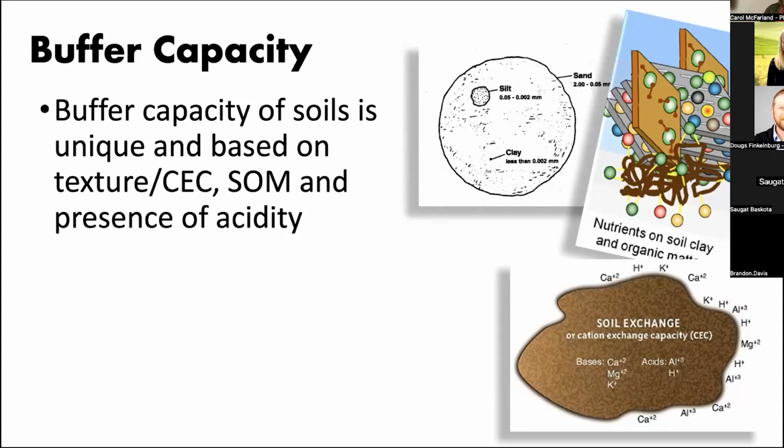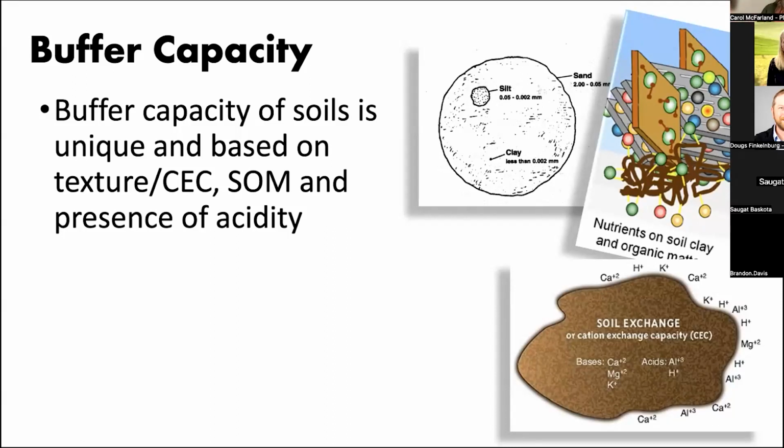Sandier soils tend to have very low buffer capacity. Fortunately, here in the greater Palouse region, a lot of our soils are silty, and there are a lot of folks that are blessed with very high organic matter. That's really great. That's allowed us to not have to deal with this challenge as much.